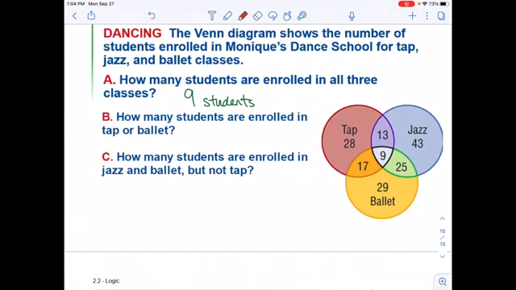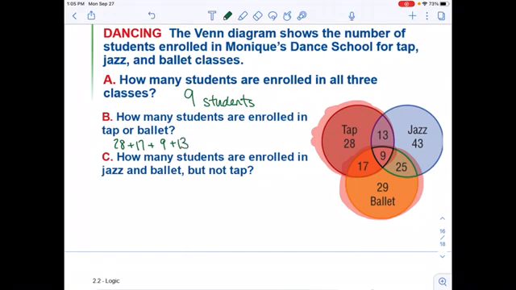Now, because it is or, we want to include all of tap and all of ballet. So we have tap or ballet would be all of these. So we want to go ahead and add 28 plus 17 plus 9 plus 13 plus 25 plus 29.